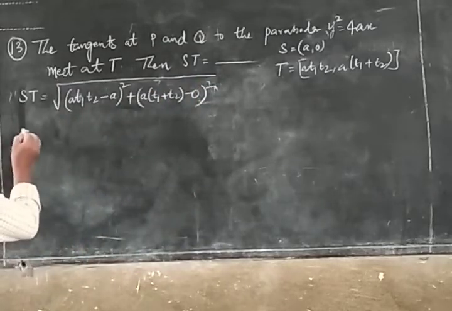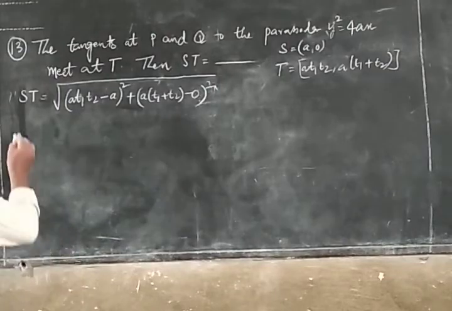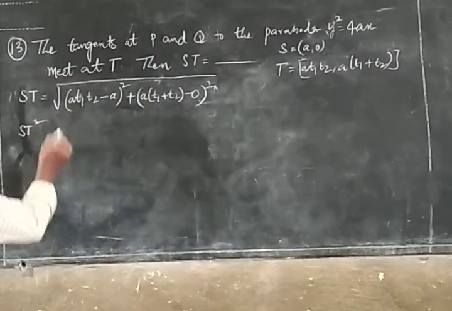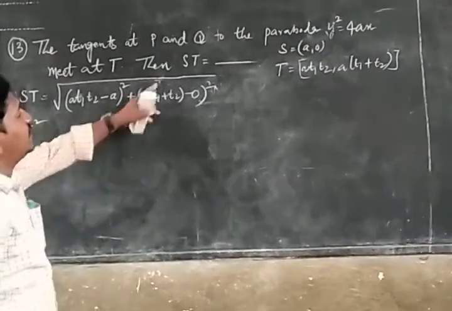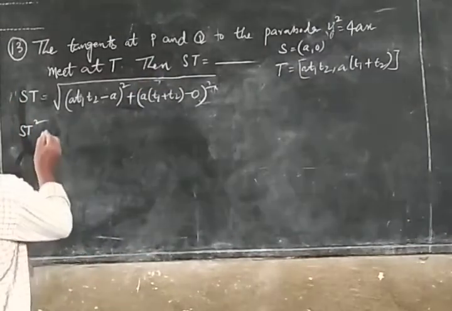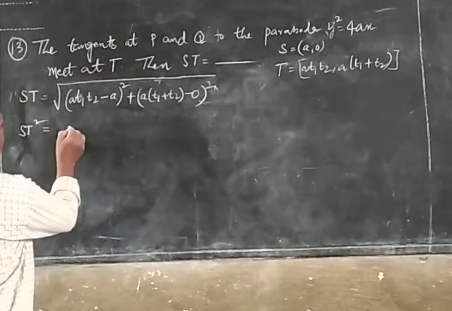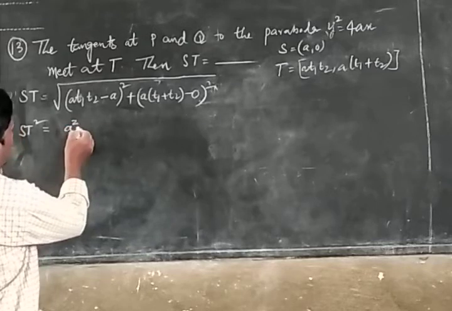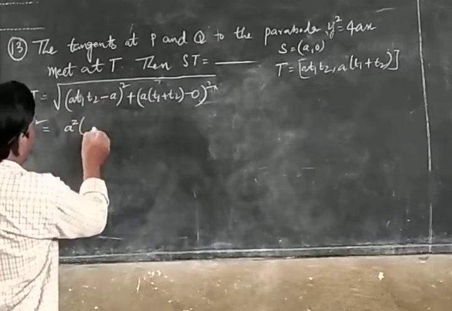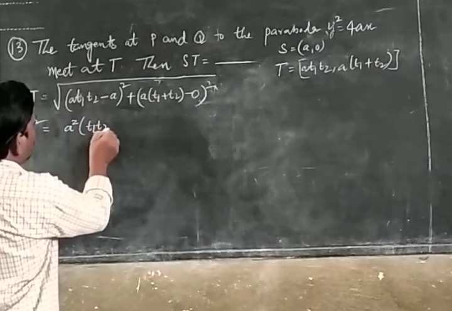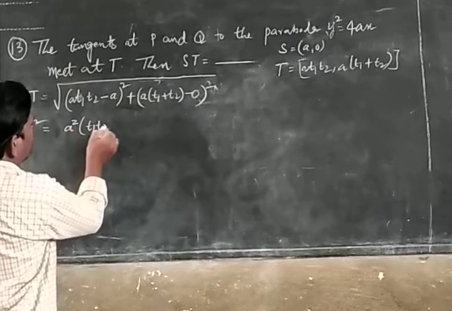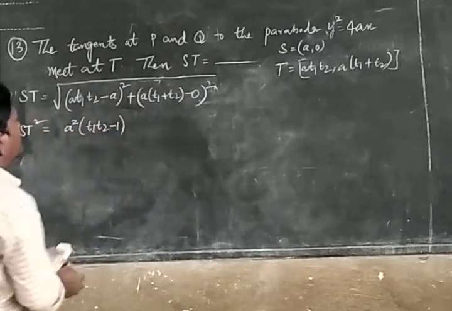Now squaring on both sides, by eliminating the root, here a square is common.